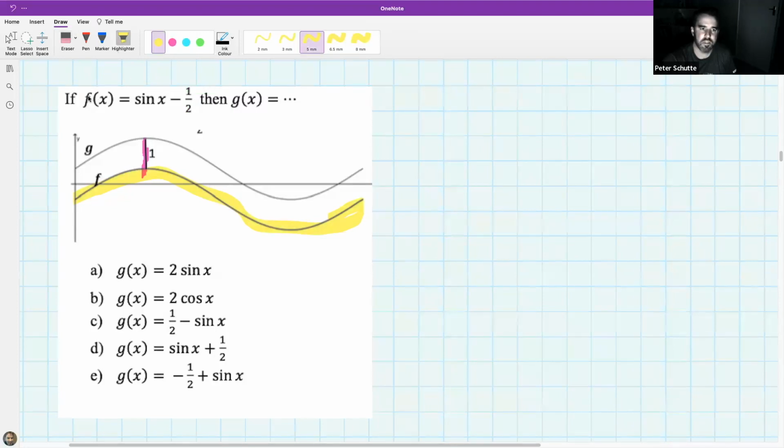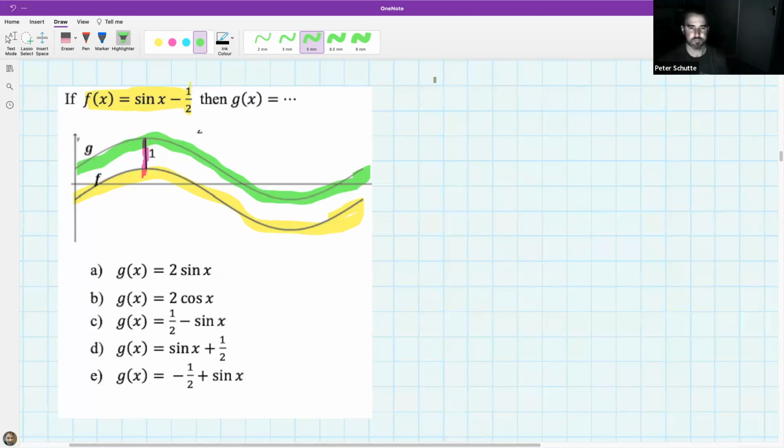And for that function f, they give you the formula. But what they want is the equation for the function g. That's the question you need to think about. What is the relationship between f and g, and how can you use that to figure out the equation of g?